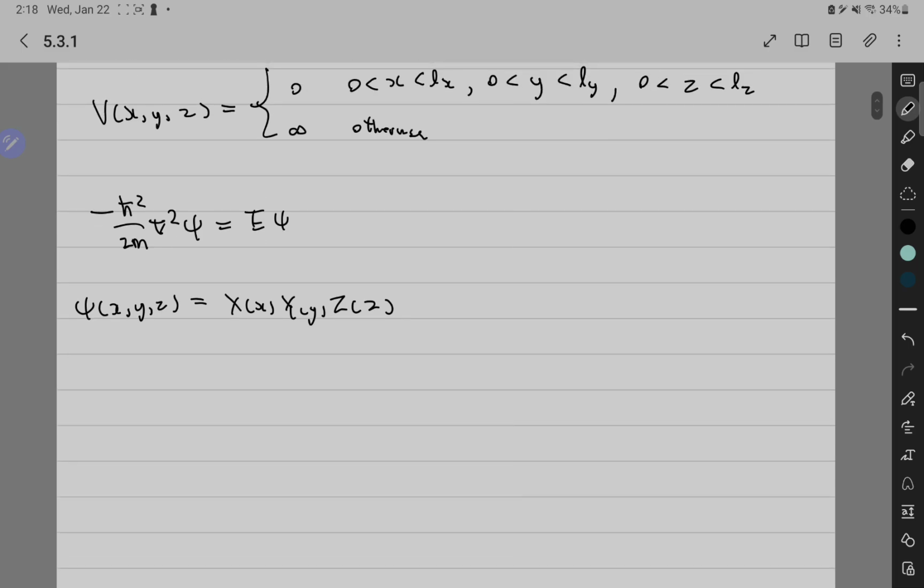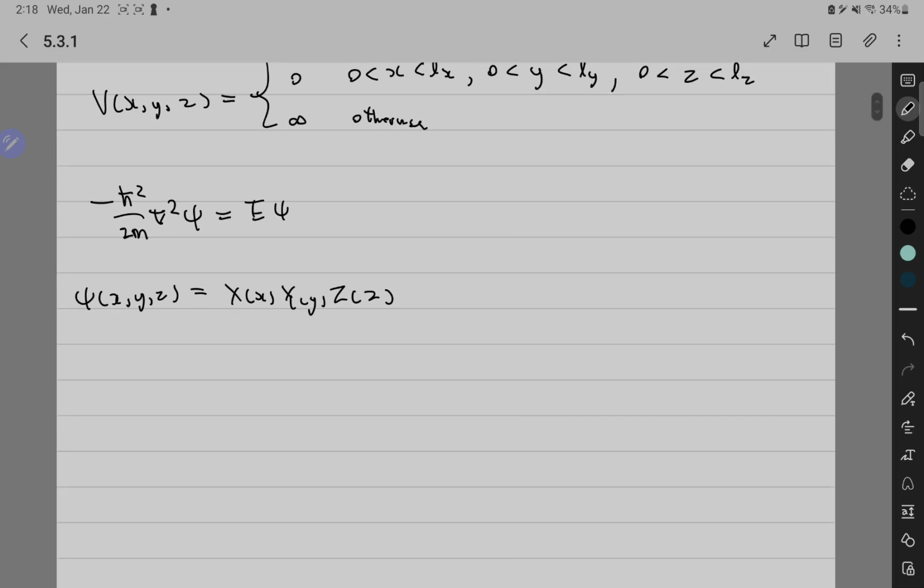So for our x, let's take a look at the case. If we plug this into our Schrodinger's equation, what are we going to get? For x, we're going to get negative h-bar squared over 2m, but not Laplacian here, because if we separated x, y, z into three different spatial coordinates, in this case we're dealing with x.